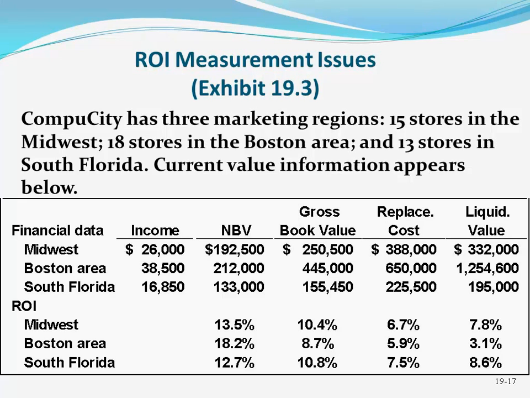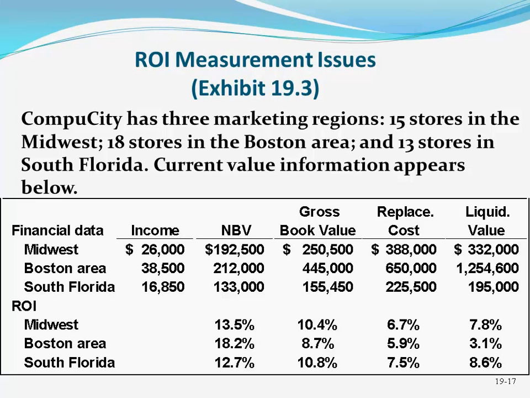Because the net book value numbers are significantly lower, if you measure return on investment based on net book value of the assets, you're going to get higher ROI numbers because you're dividing by a lower denominator.